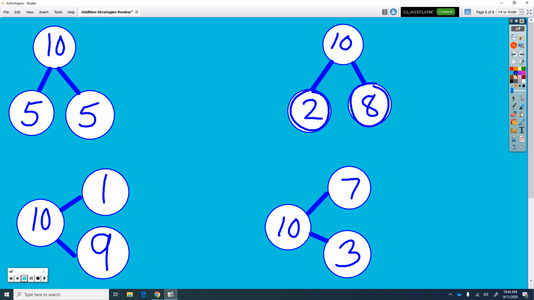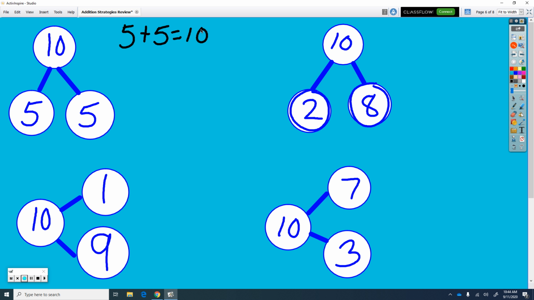Alright, since we have these number bonds that all make 10, we know that they go with the equations. We talked about how a number bond is just another way to show an equation. For example, we know that it means that 5 plus 5 equals 10. And it won't matter if I switch those 5's, will it? No, they're the same. But you know what this number bond also shows?